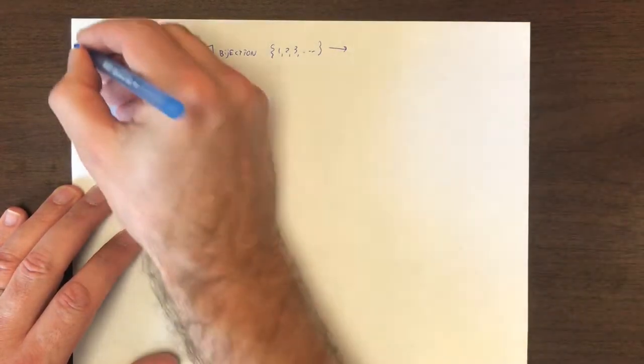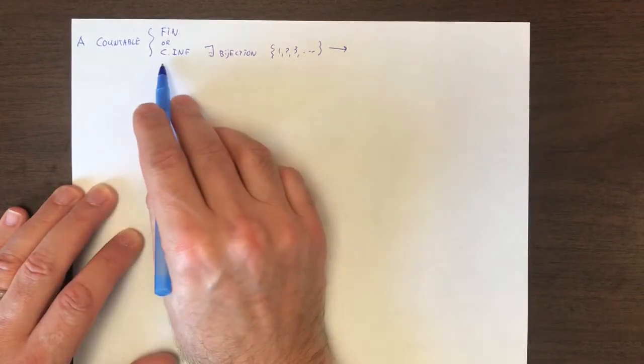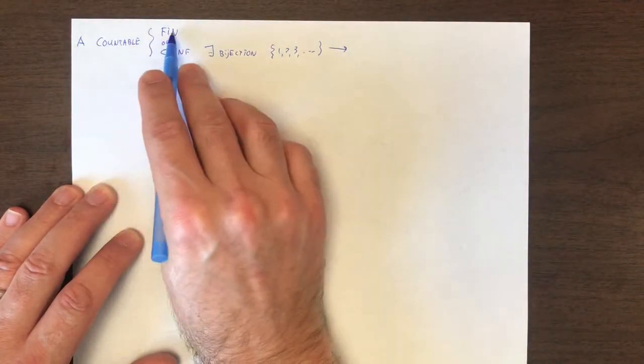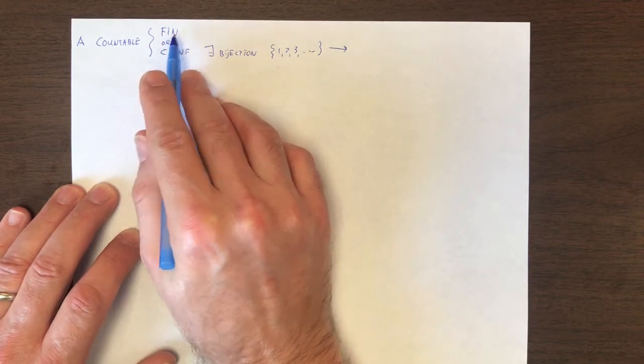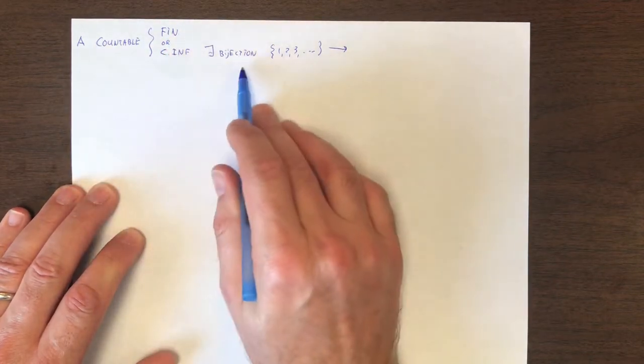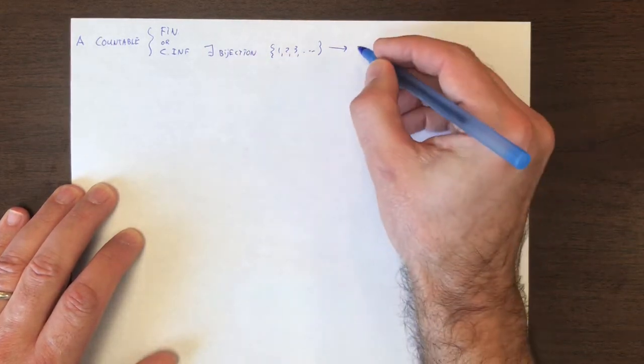Okay, so let's call our set A. So if A is countable, then it's either a finite set, let's say 1,000 elements or 1,000,000, and if it's countably infinite, that means there is a bijection from the positive integers to our set A.